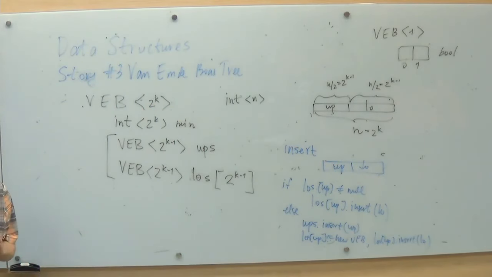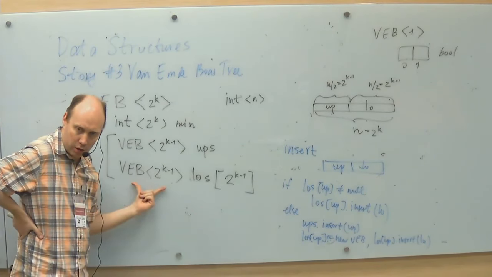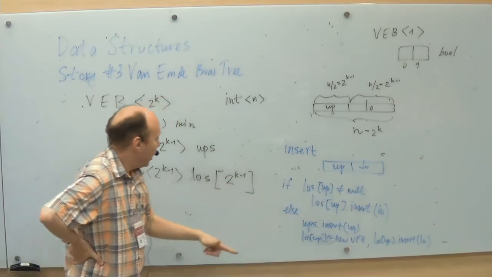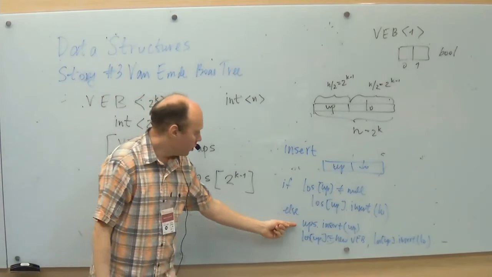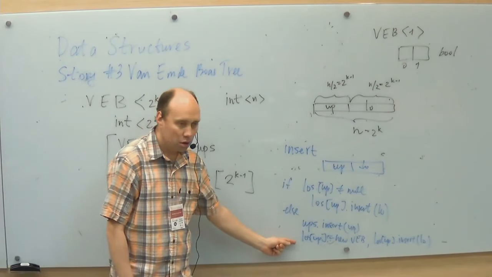So that's approximately how insert goes. It checks first if there is at least one such upper part by checking that this is a non-empty tree. If this is a non-empty tree, then we just insert it there, and if it is empty, then we need a new up, so we insert it into ups, and then we insert it into lows.